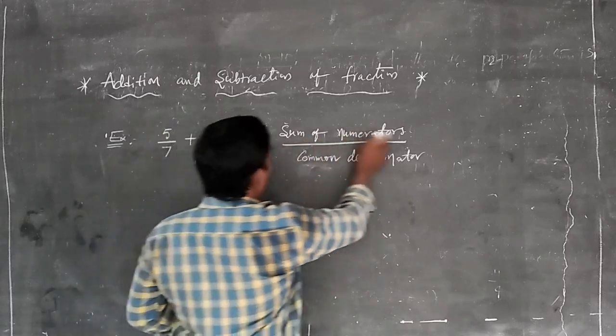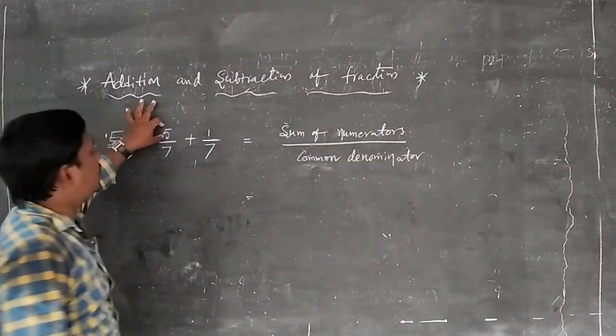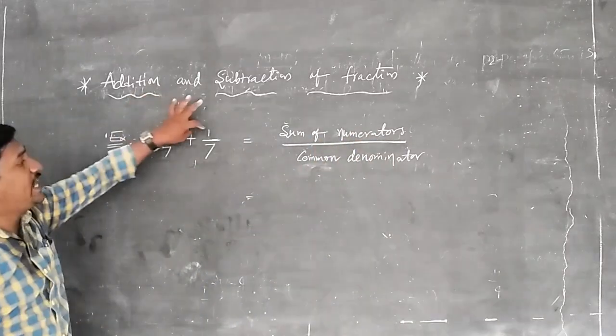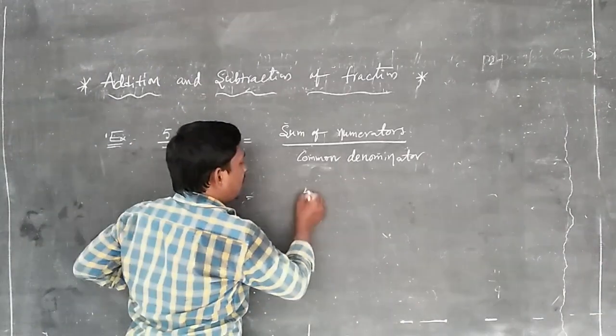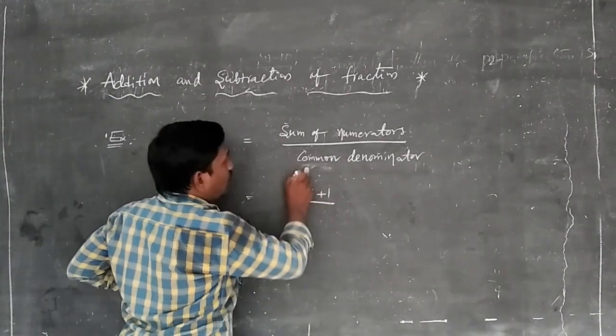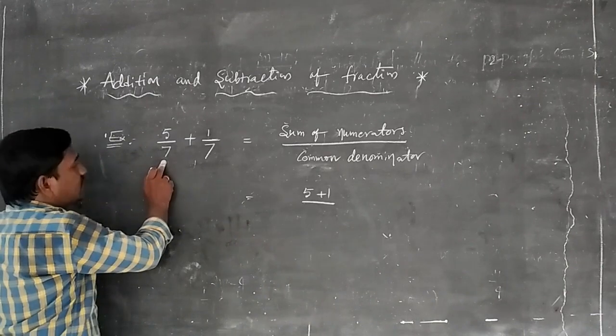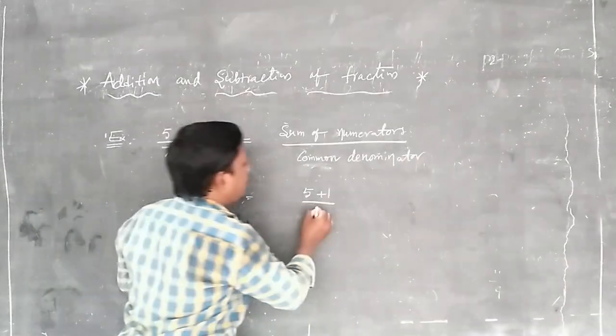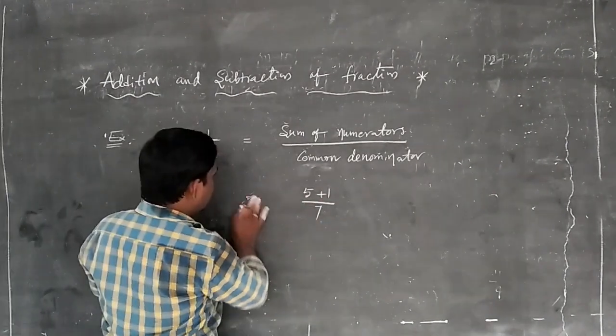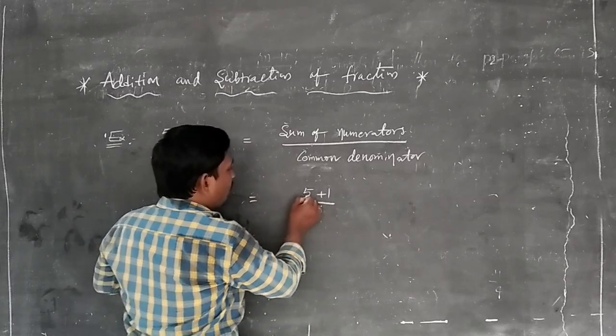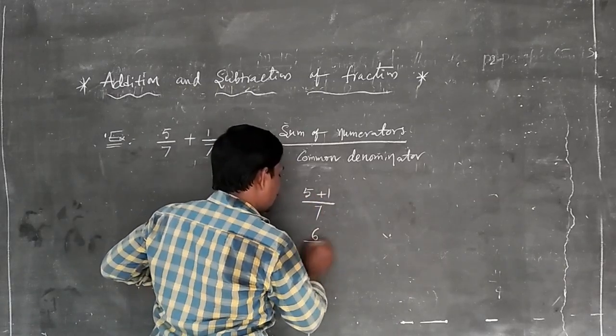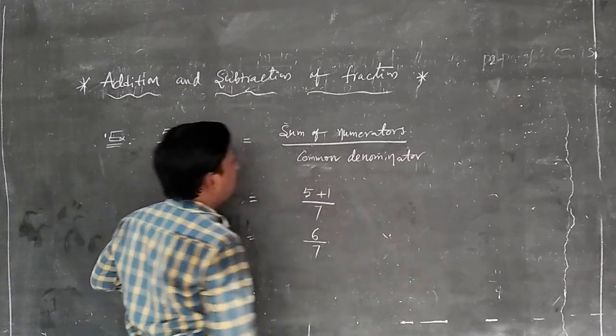What are the numerators here? 5 and 1, 5 plus 1. What is the common denominator? Denominator 7. That means 5 plus 1, 6 by 7.